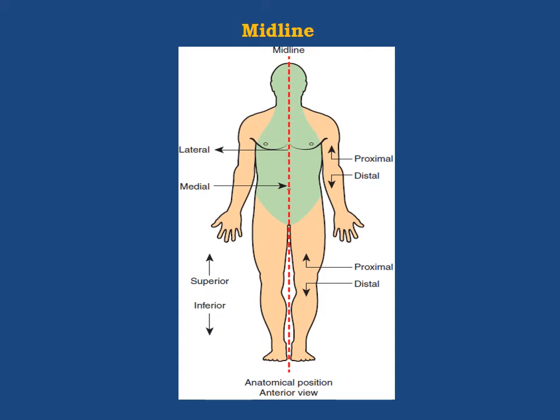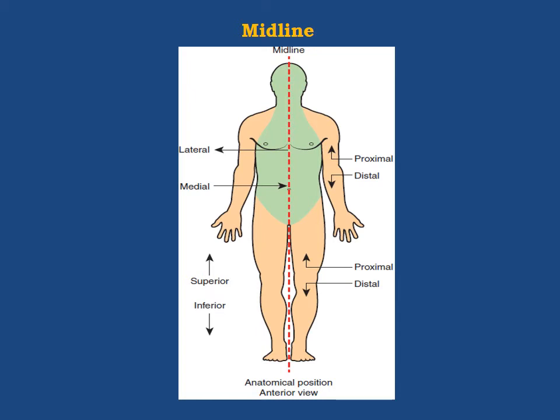This is a different plane, different from the sagittal or mid-sagittal. The sagittal or mid-sagittal cuts the person into two portions, one left and one right. Here, I'm talking about frontal or coronal. It cuts the person into two parts, one front and the other back. Okay? So what do we call this plane? We call it frontal or coronal plane.